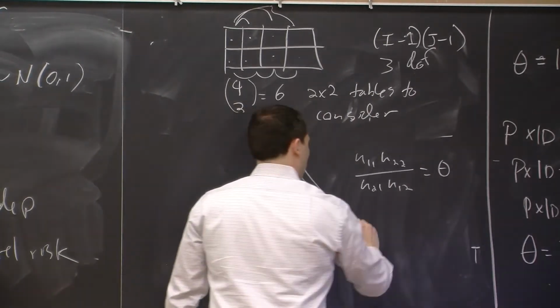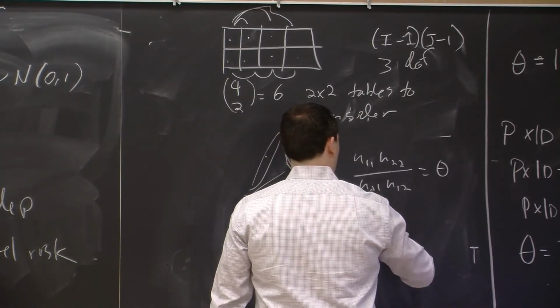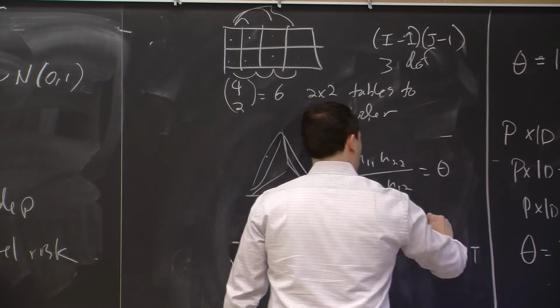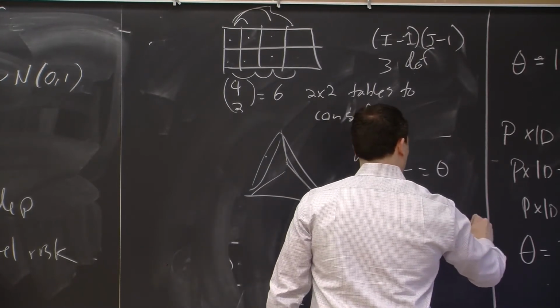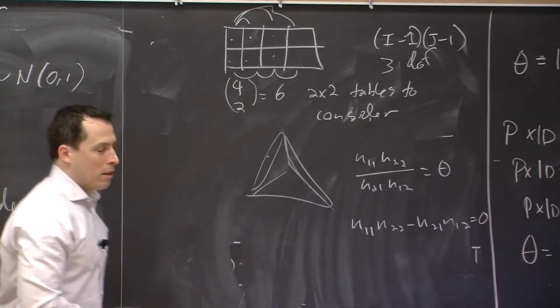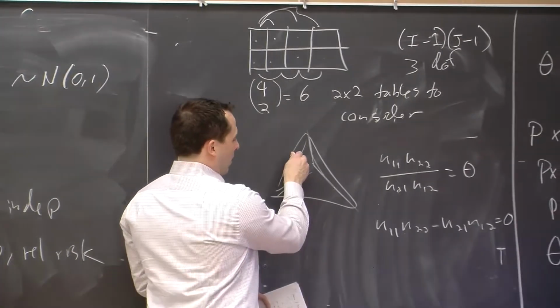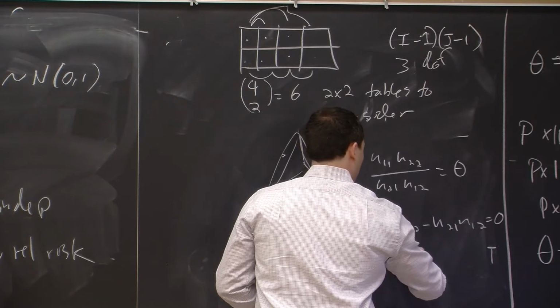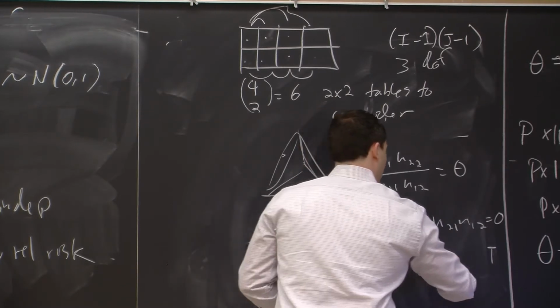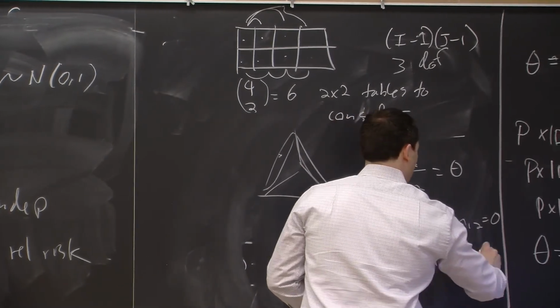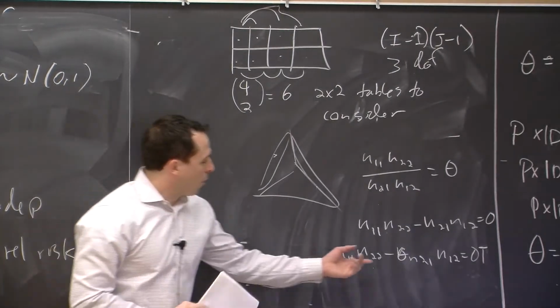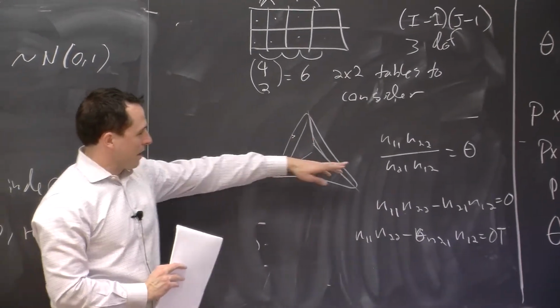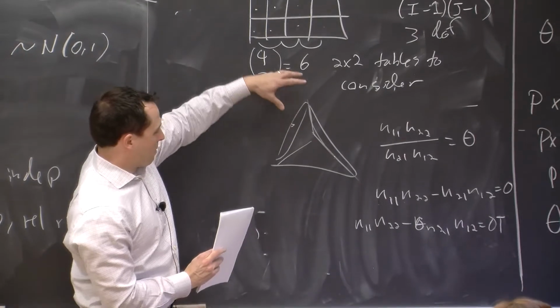On the independent surface, of course, n11 n22 minus n21 n12 is equal to 0. At your point with some odds ratio, n11 n22 minus theta n21 n12 is equal to 0. So if you want to picture that surface, as I change theta it deforms that surface.